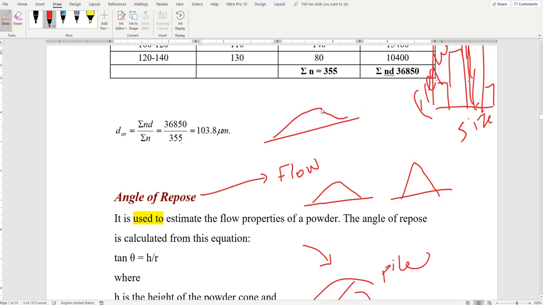Okay. What is the difference between these three configurations? Of course here the angle is very high, right? Here it's a little smaller. Here it's even smaller, right? They say that this is related to the flow of the powder. So the way the powder sits on a flat surface is related to the powder flow.